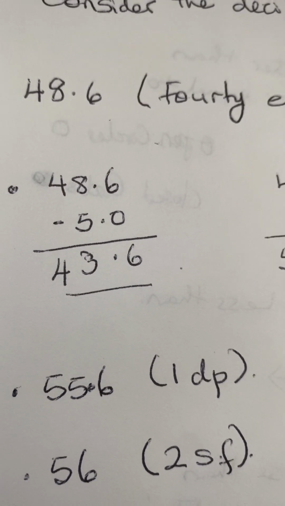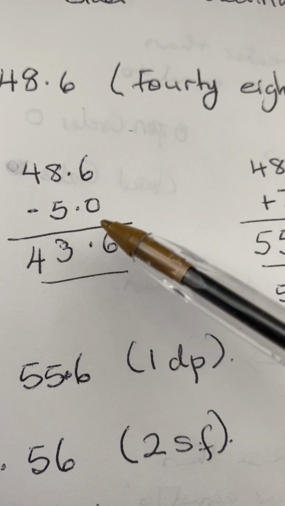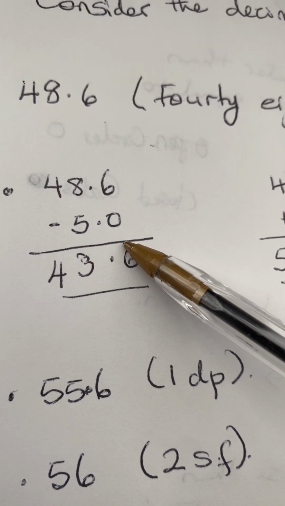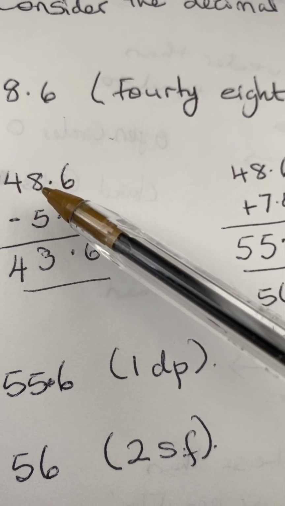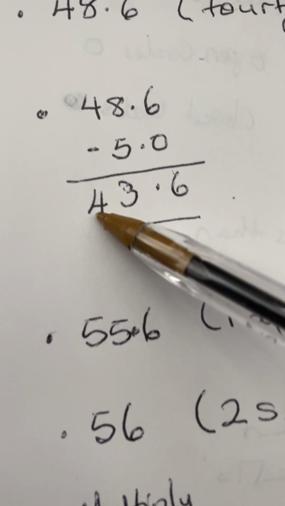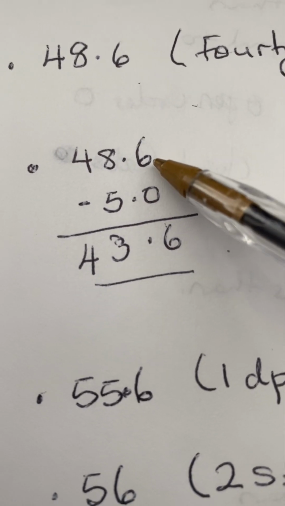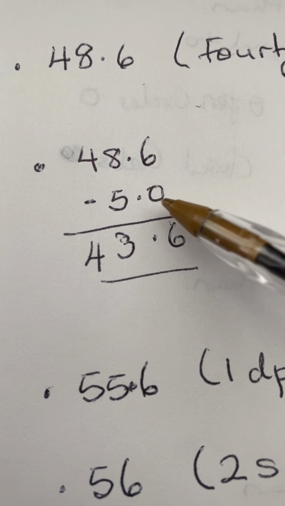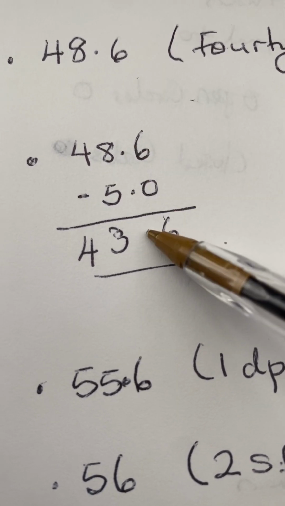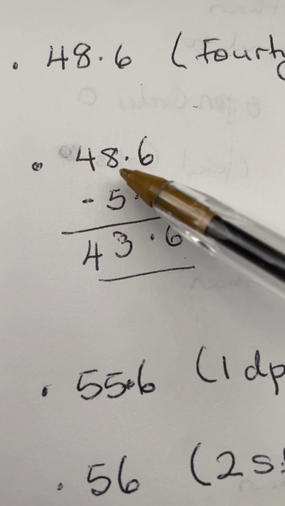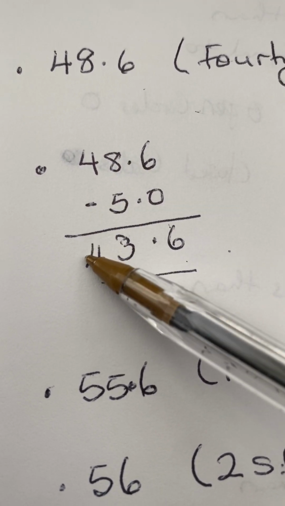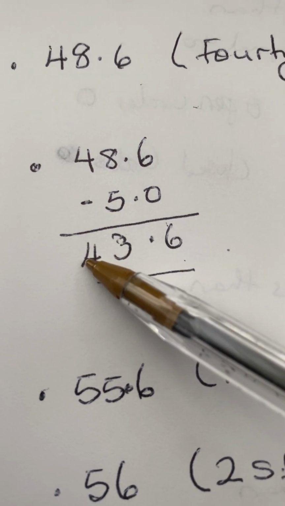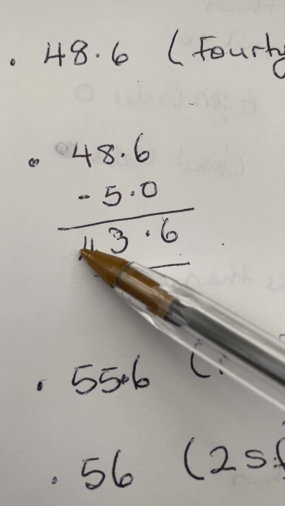Okay, assuming I subtract 5, and I put it in this order, I'll have 6 minus 0 is 6, my decimal point, 8 minus 5 is 3, and then 4 minus 0 is 4.